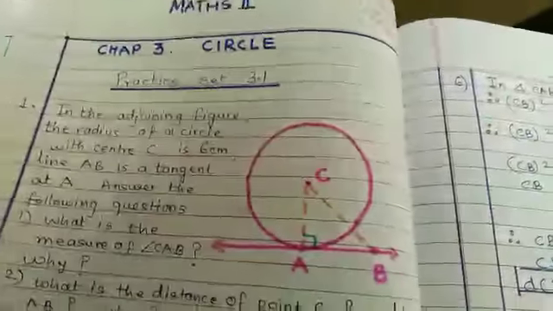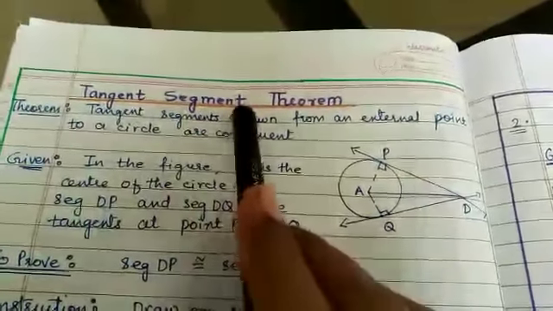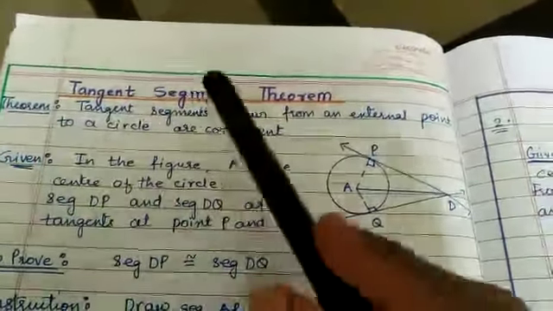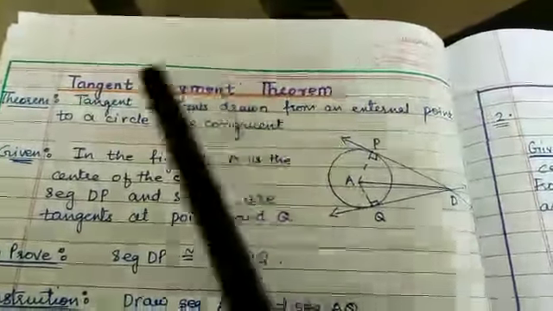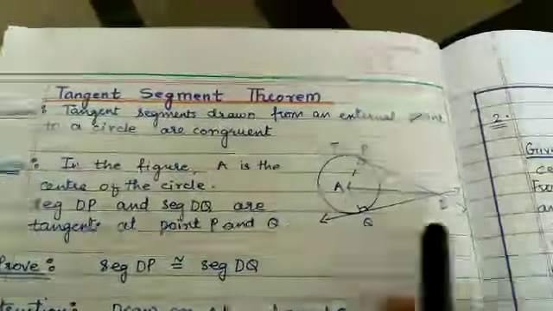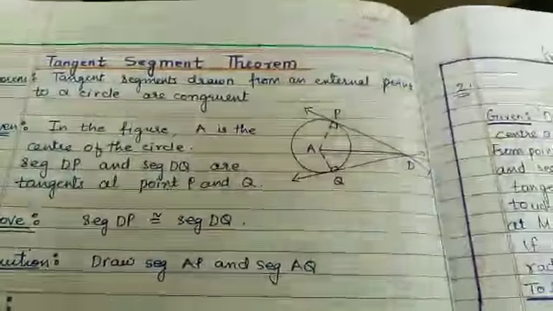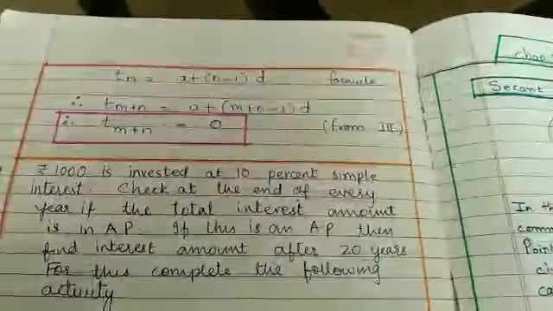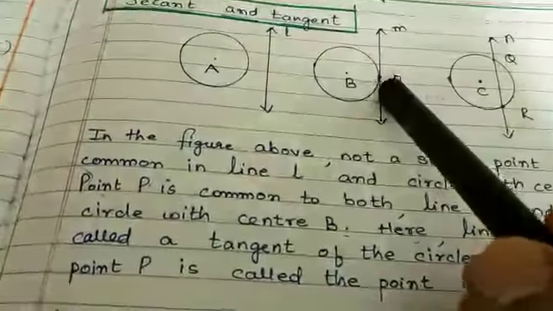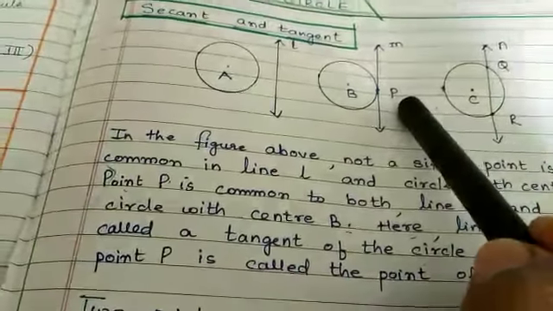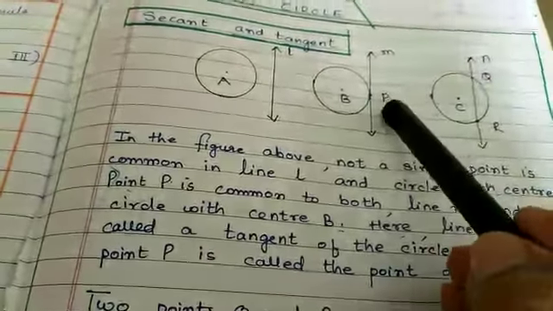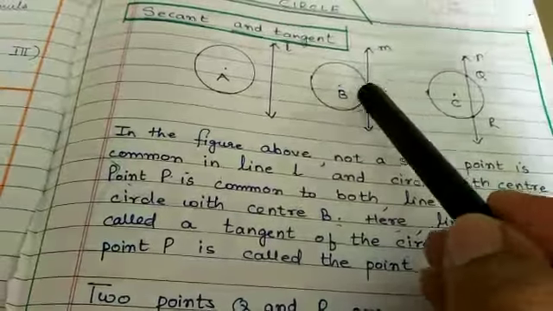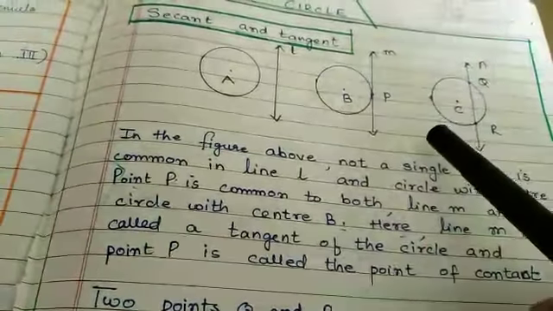Now we have another theorem. It is called the tangent segment theorem. Okay, now what does this mean? Now students, you can see here in this figure, point P lies on the circle, है ना?